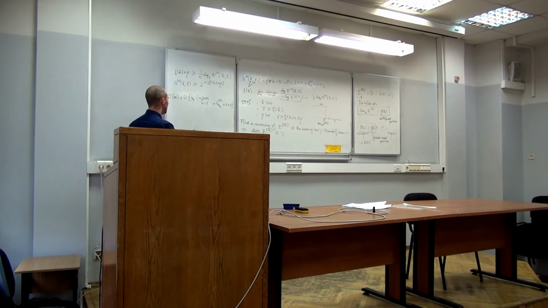Okay, which means now the intervals a, k, n, for which kn is in this set, will definitely cover E of h.